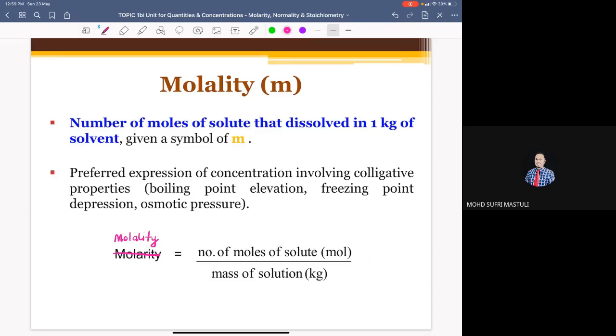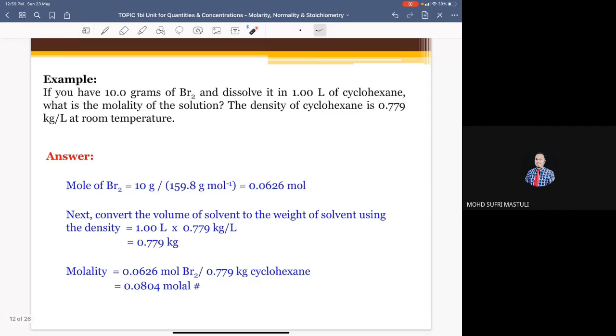So if molarity is a mole per liter, then molality is a mole per kg. So at least you have to remember these two formulas, molarity and molality.